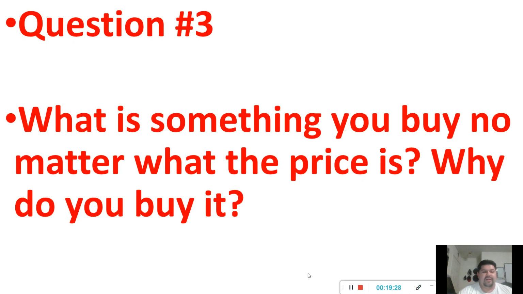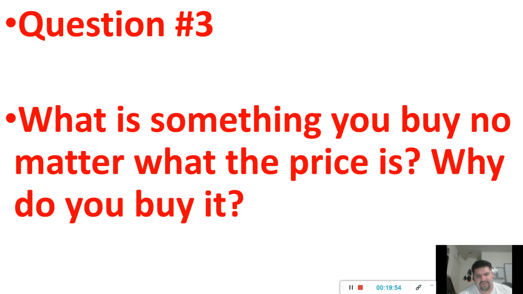All right. So now here's question number 3. What is something you will buy no matter what the price is? Whether it's high or low, you're like, I'm going to buy it. I don't care what the price is, I want it that bad. What is that item? Now, do not put Ferrari.